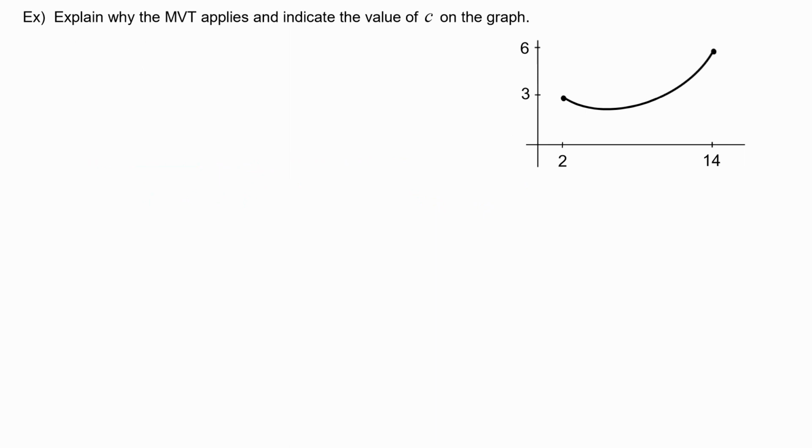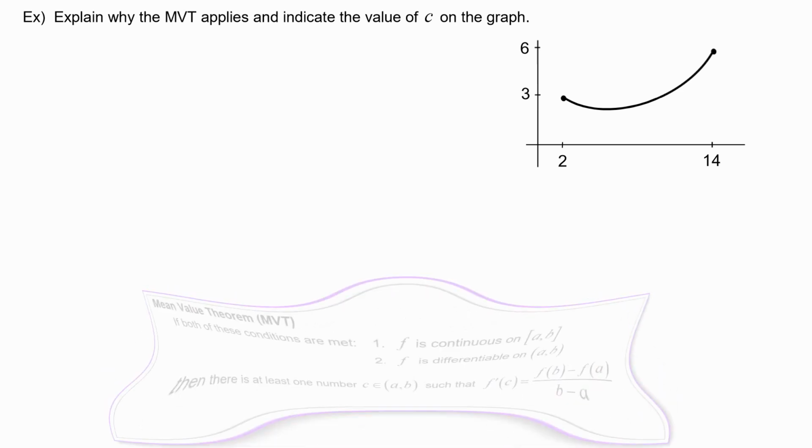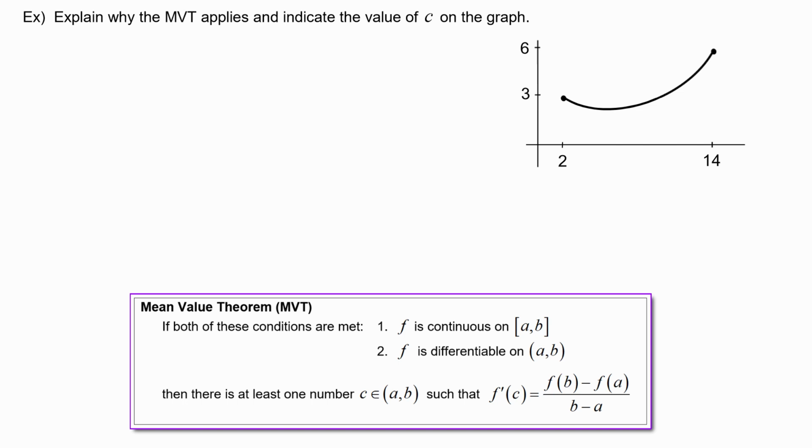Here we have to explain why the mean value theorem applies and indicate the value of c on the graph. Before we can apply the mean value theorem, we first have to show that our function satisfies the two conditions of the hypothesis. So first, we will need that f is continuous on our interval.